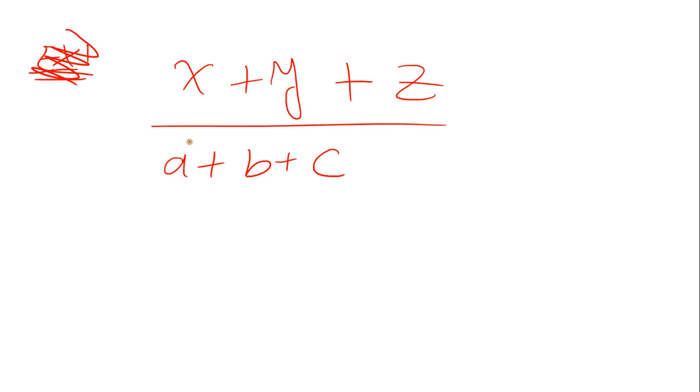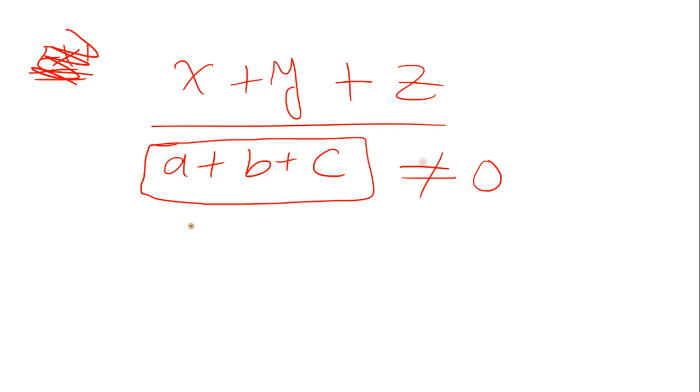It doesn't really matter what's in the bottom. Whatever it is cannot be zero. So for a rational expression, your domain is always going to be denominator not equal to zero.